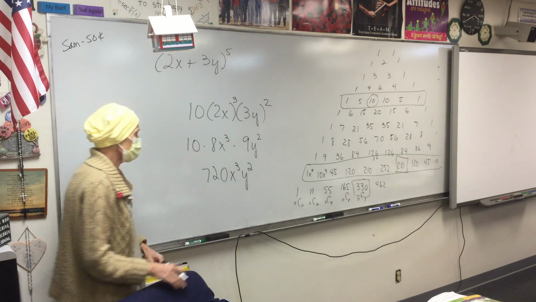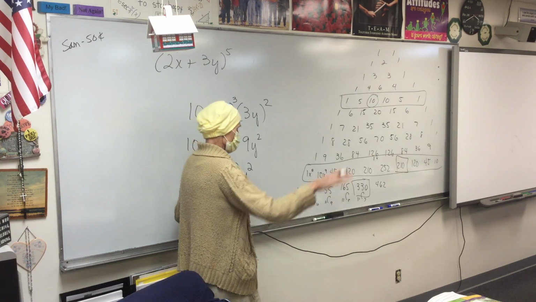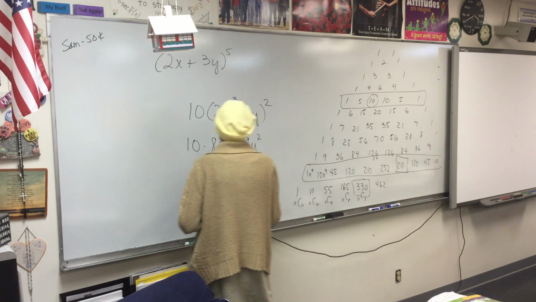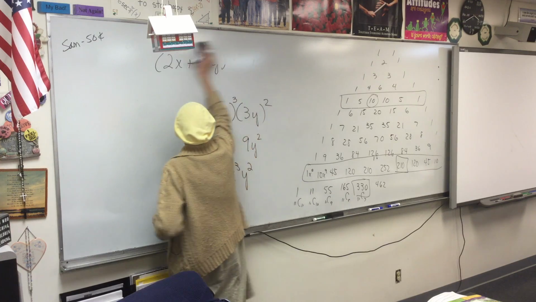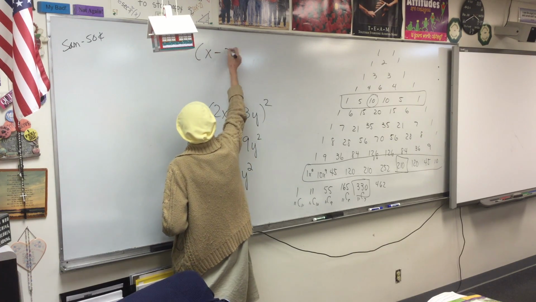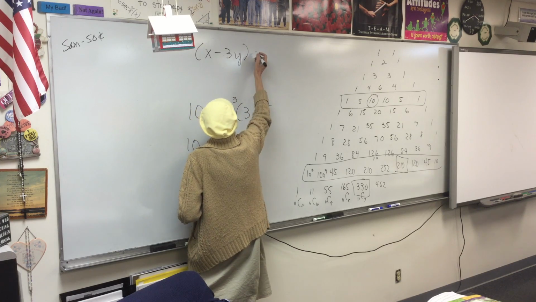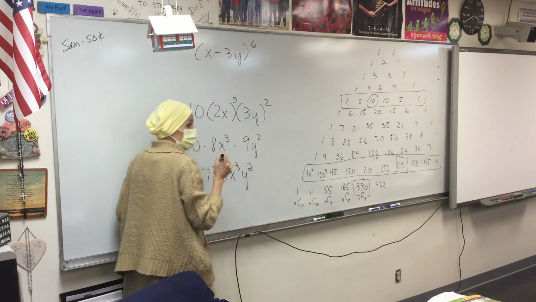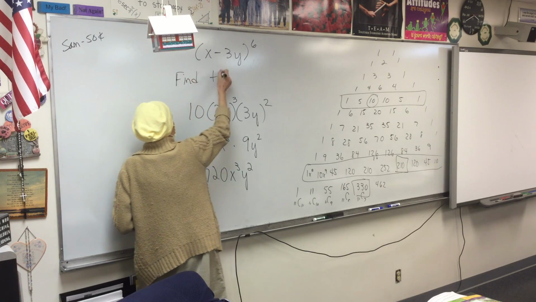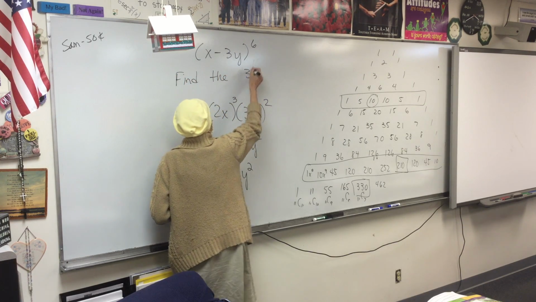All right, now I want you to try one in your partner groups, in your tables there. I want you to try one problem. Your expansion is x minus 3y to the 6th. And I want you to find the third term.